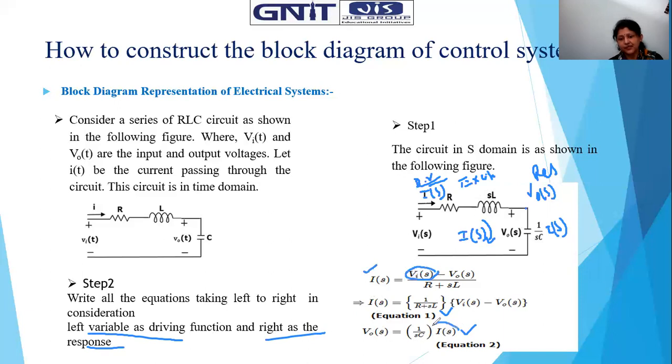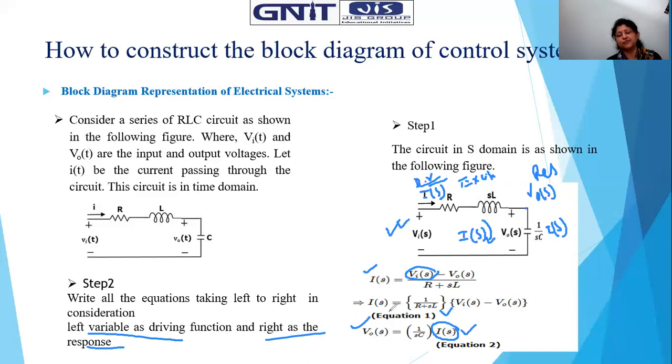Similarly, left variable is the driving function and right variable is the response. This way you construct the algebraic equation. Plain and simple, since it is the S domain, you get an algebraic equation, fine. So you are getting the two equations.